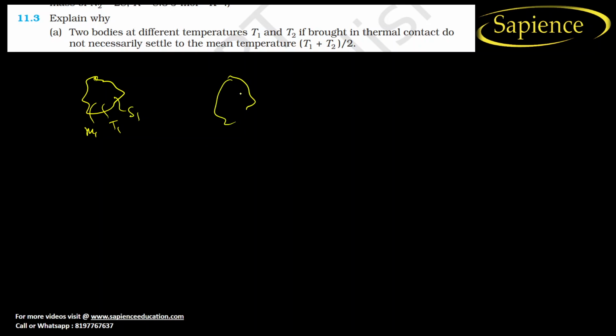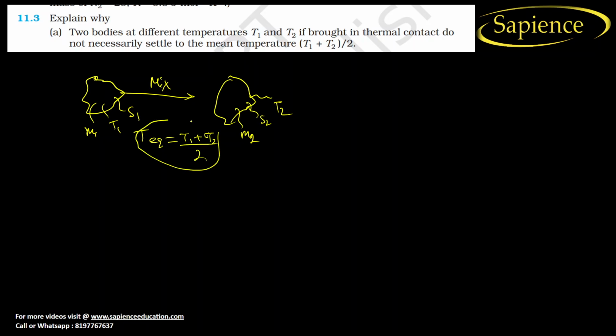And there is another body having mass m2, specific heat S2, and temperature T2. Now when we mix them, the equilibrium temperature should be (T1 plus T2) by 2. Is it possible or not?